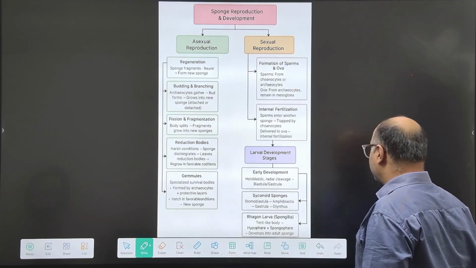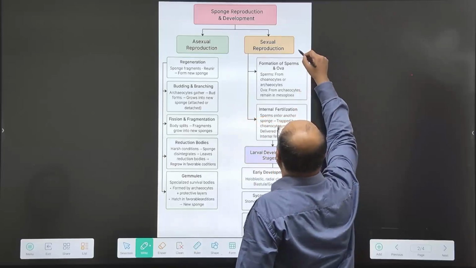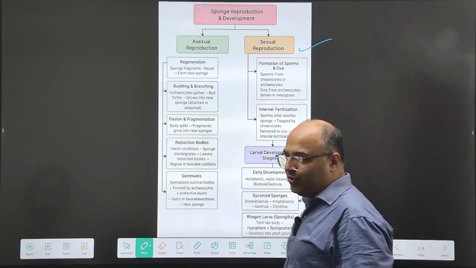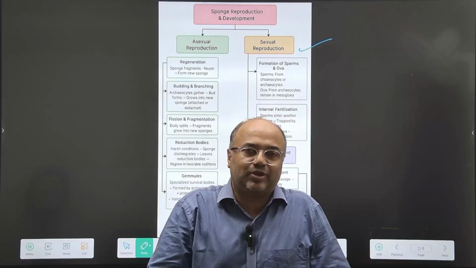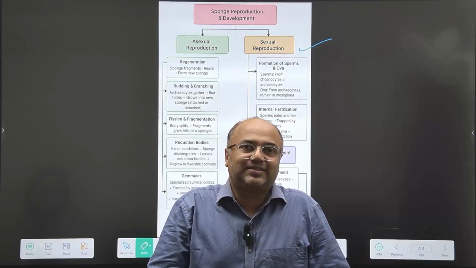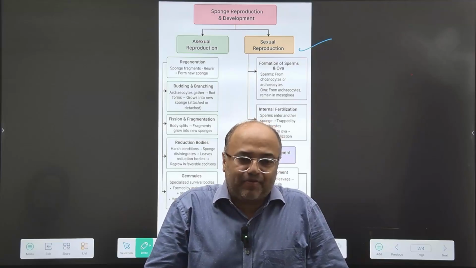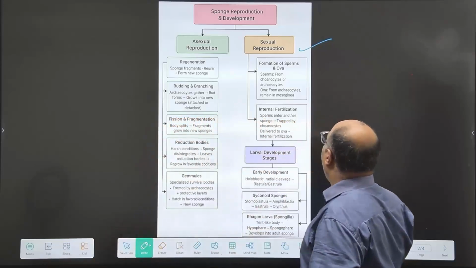And let's talk about sexual reproduction. If I am talking about sexual reproduction, obviously it means you will have two gametes. In this case, the gametes are not isogamous, they are anisogamous. In fact, it is appropriate to say the type of gametes is oogamy.